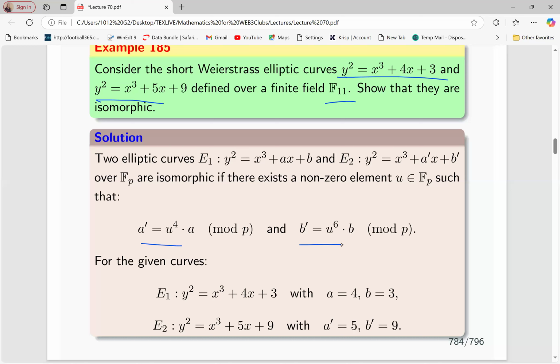In this case, our a is 4 and our a prime is 5. Also we have our b. Our b is 3 and our b prime is 9. So we want to see if this u exists such that these conditions are met.